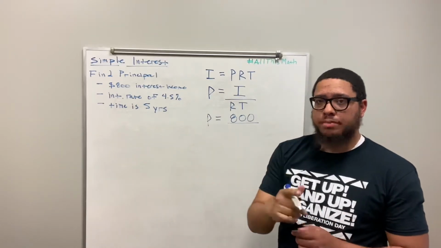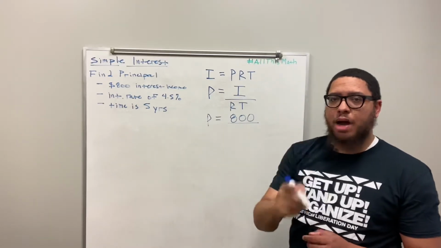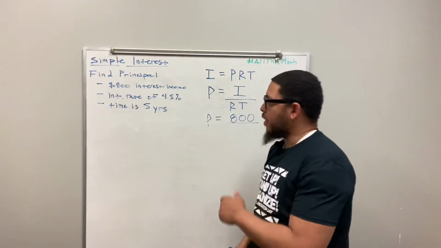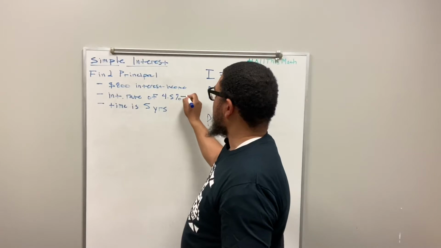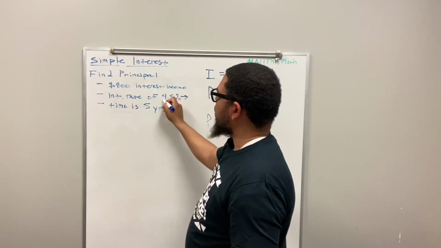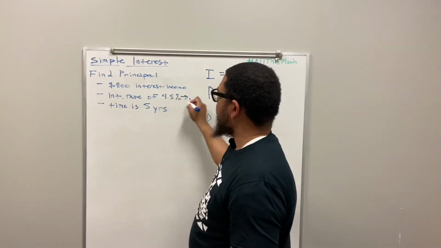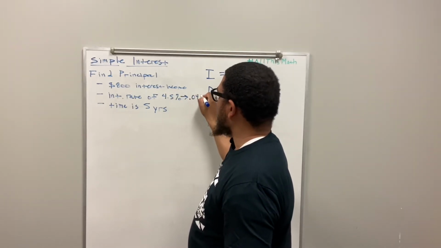We have to do what? Divide the percentage by 100. We must divide the percentage by 100. And when we divide it by 100, it gives us a number that has the decimal point slid over to the left 2 times. So instead of 4.5, we have 0.045.